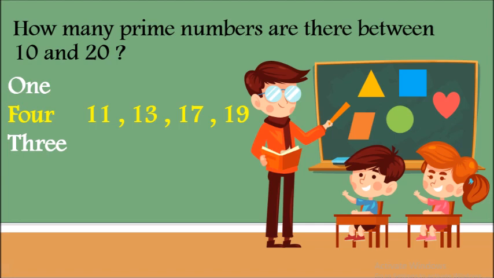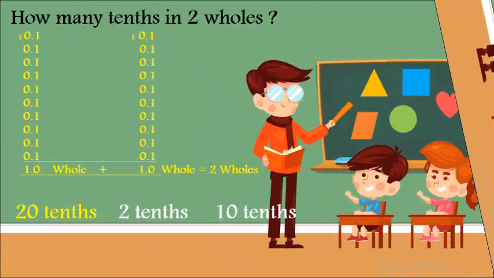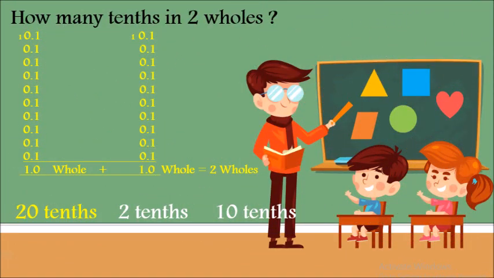Now moving on to the next part. How many tenths in 2 wholes? Now, children, you need to first know what tenth means here. 0.1, that one is 0.1, 1/10. Now they have asked us how many tenths will make 2 whole numbers.